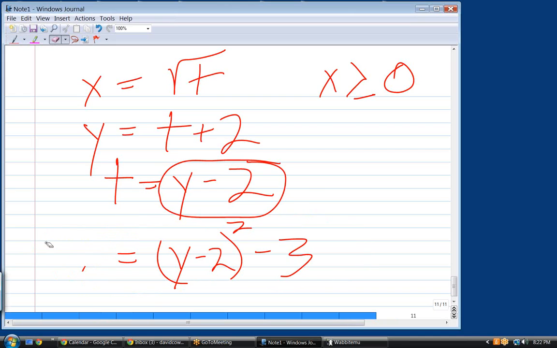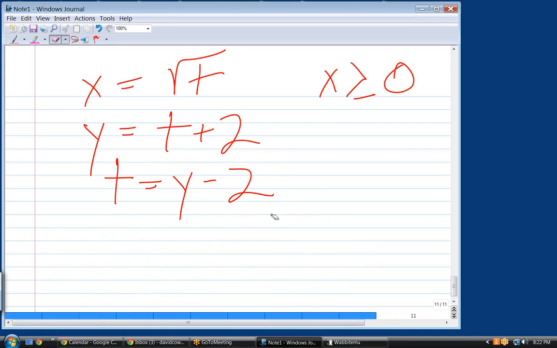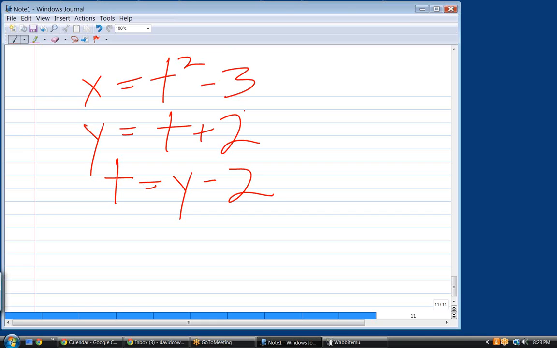Yeah, well, the next part of the question is to name the endpoints. Is that where you're kind of going with that? Did they give you, what was it, t squared minus 3. Did we give a domain on t?